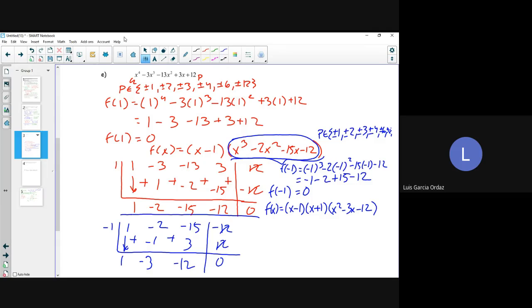Is it possible to factor that trinomial? No. What technically could we use to factor it? Quadratic formula, okay? So when we do b squared minus 4ac, which is the discriminant in the quadratic formula, it gives us 57. Does 57 have a perfect square root? No. Okay.